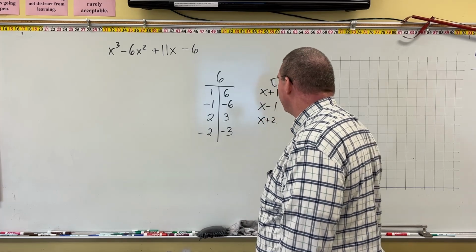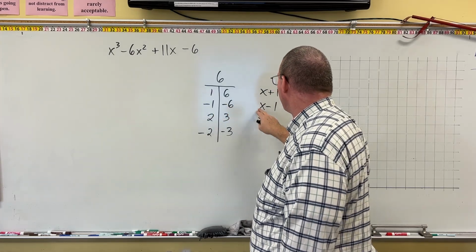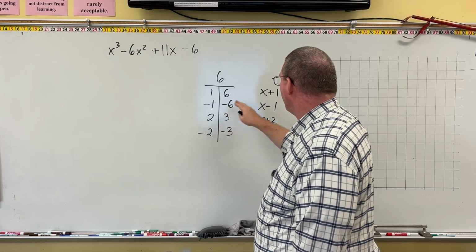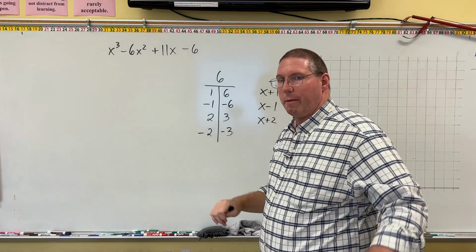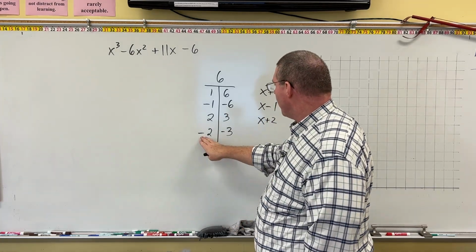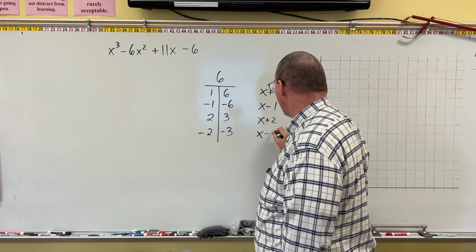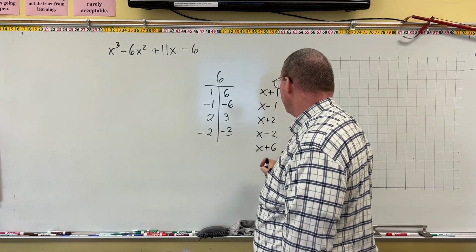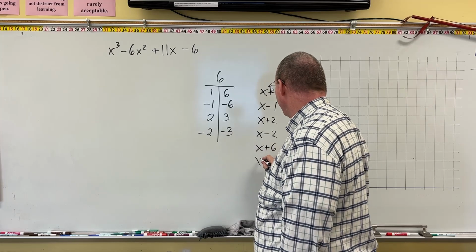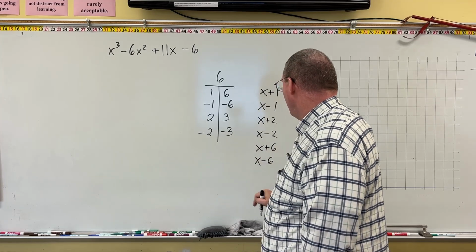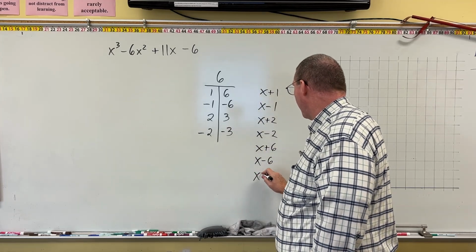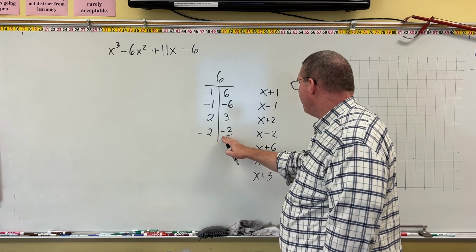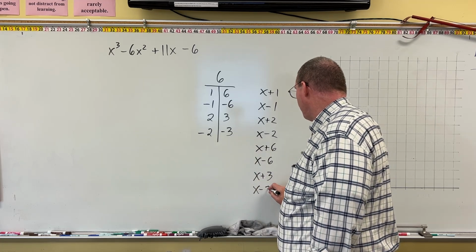I need to tell you that technically the positive 1 goes with the x minus 1 and the negative 1 goes with the x plus 1, but we'll talk about that another time. Here we have -2, so we can try x minus 2. We have 6, so we can try x plus 6. And we have -6, so we can try x minus 6. We have +3, so we can try x plus 3. And we have -3, so we can try x minus 3.